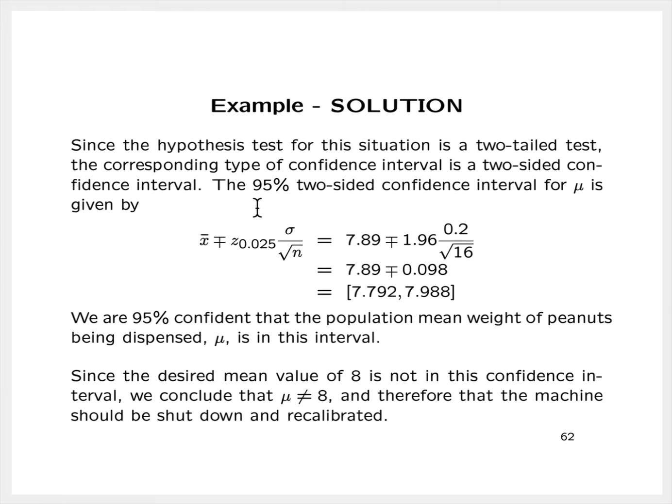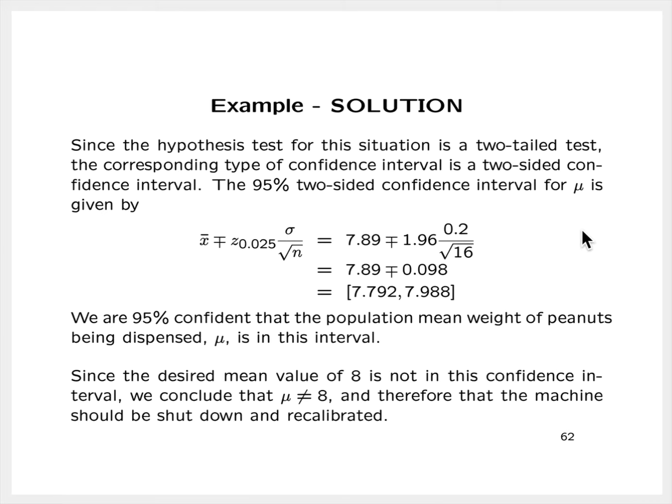Now, we're going to construct a 95% confidence interval. The reason we're going to do that is because the hypothesis test that we performed was performed at the 0.05 level of significance. The alpha level, the significance level, was 0.05.